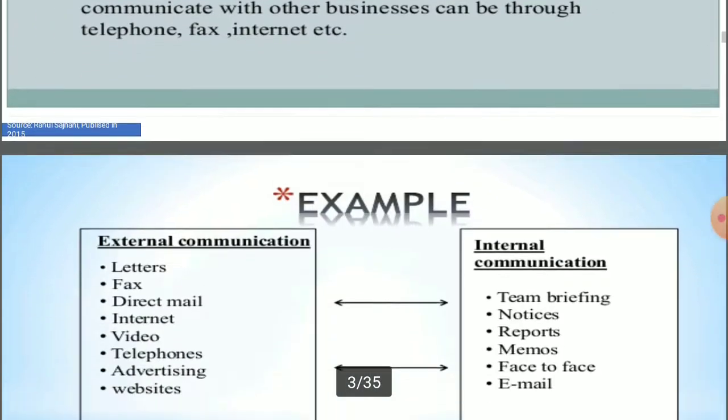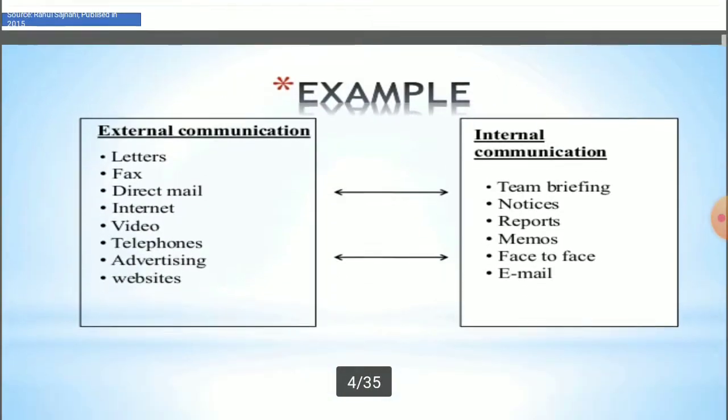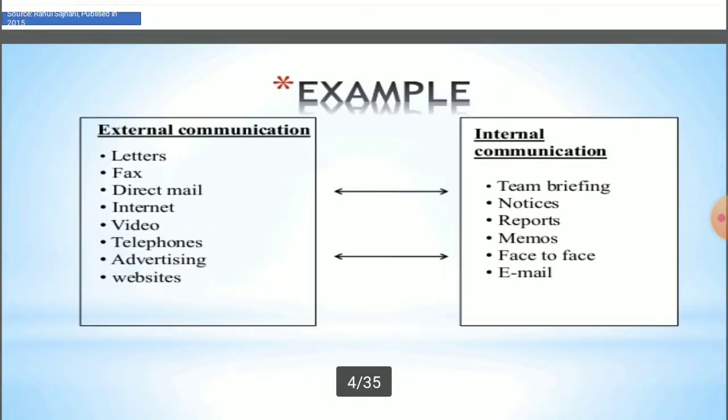Moving on to the next one, here I have given some examples of external communication and internal communication. Just look at the examples I have given here. If you want to go for external communication, what are the modes of doing it? Just look at the slide.